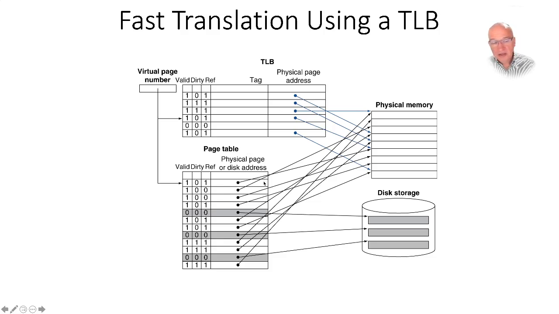And in some cases, the page is not in the physical memory. In that case, I have to first retrieve the page from the disk, put it into the physical memory, and then update the translation, and then provide the data to the processor.